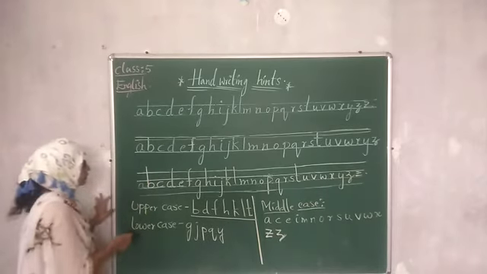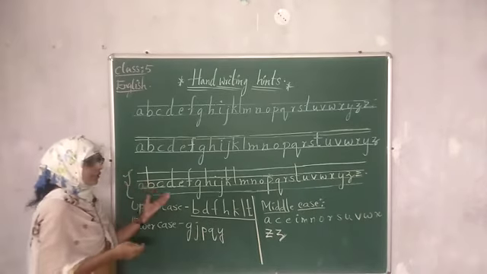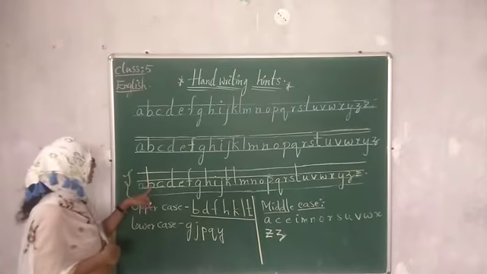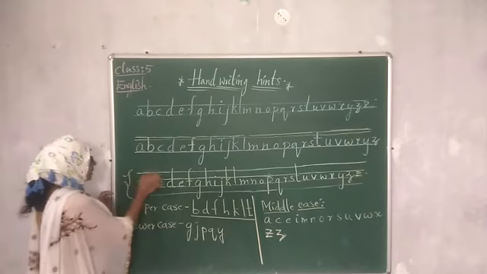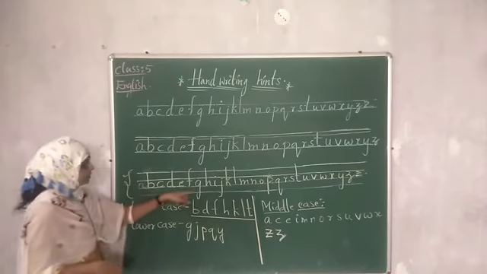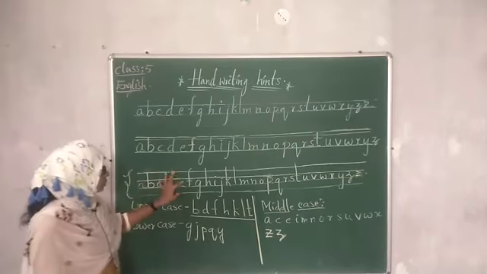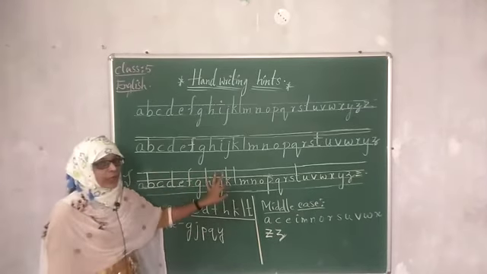Then coming to the four rule. This is also the same process. The uppercase letters must touch the upper line, the lowercase letters must touch the lower line, and the middle case letters must be in between these two lines.